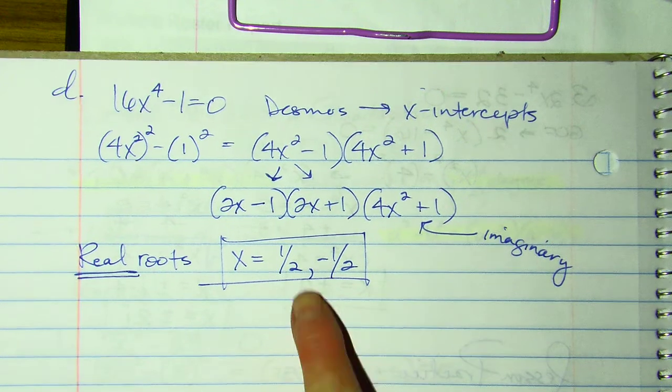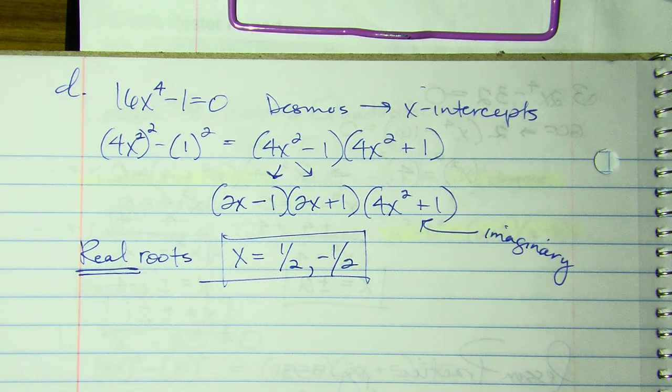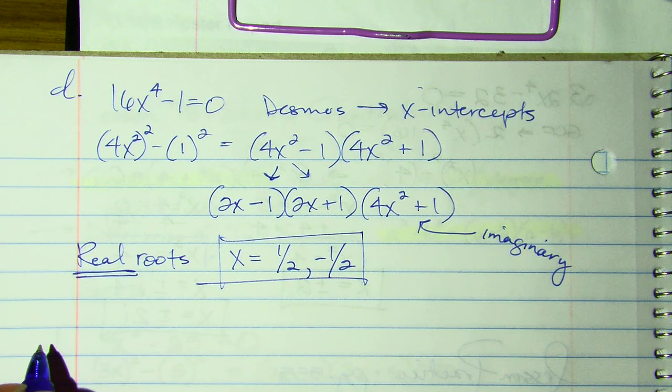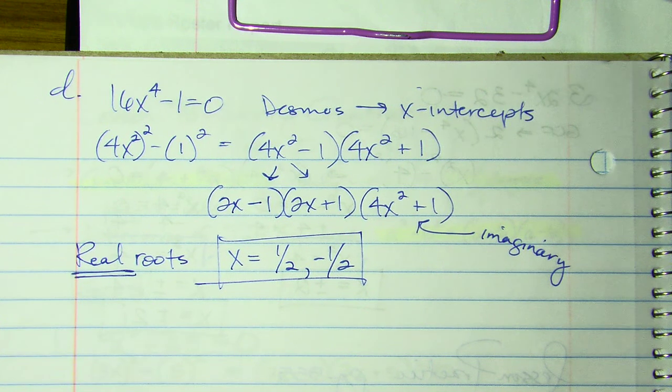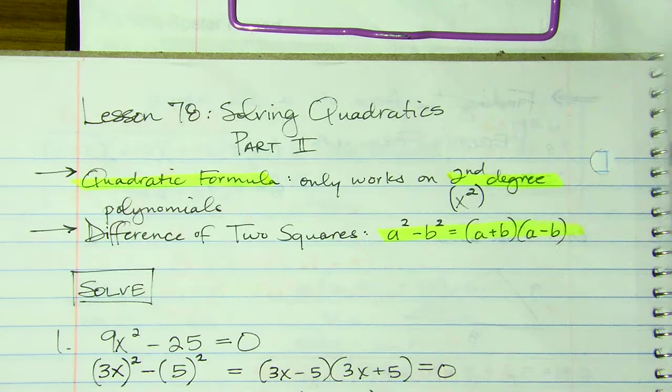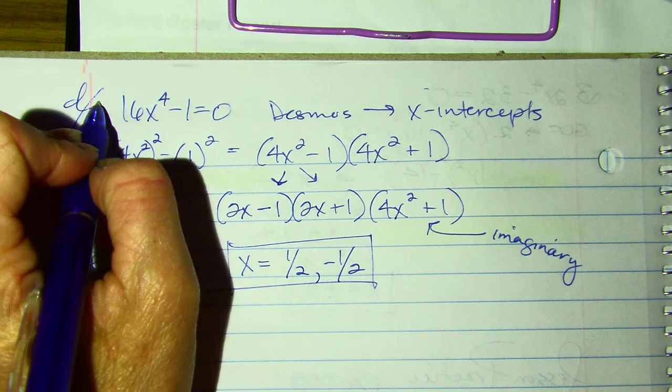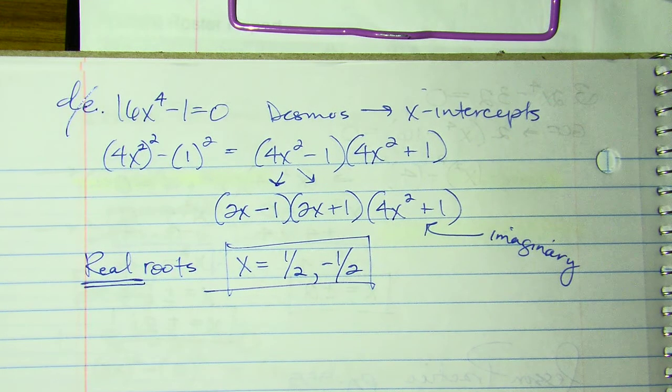And that would confirm what we have. Next part is, was that E? Oh. We're going to count this as D and E because they wanted us to confirm.